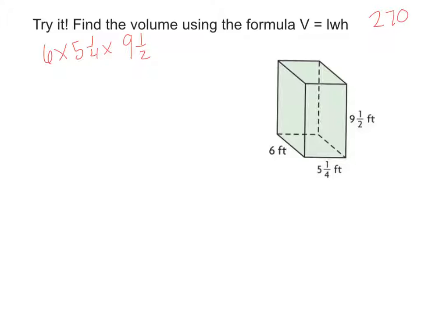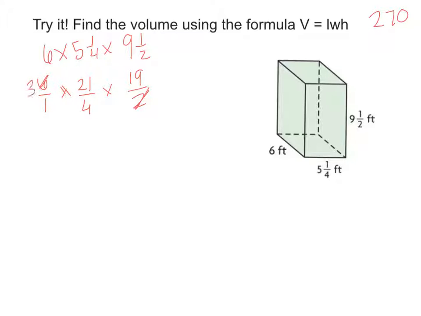Okay, so I'm going to, first of all, switch to mixed numbers. So 6 over 1 times, 5 times 4 is 20 plus 1 is 21/4, times 9 times 2 is 18 plus 1 is 19/2. Anything that I can cross-cancel, I can cross-cancel this here.